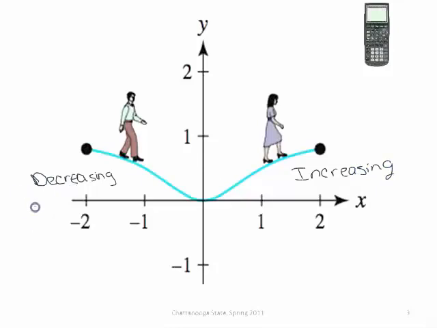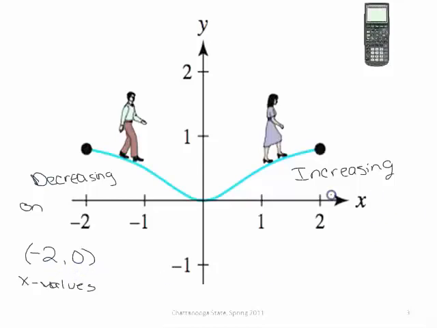So we would say this graph is decreasing on the interval from -2 to 0. Our interval here refers to the x values: the x value where it starts decreasing and the x value where it stops decreasing.